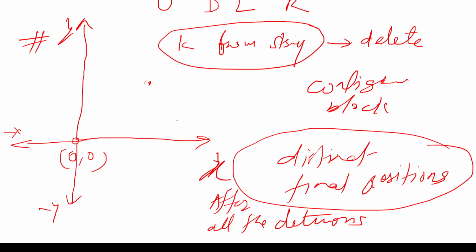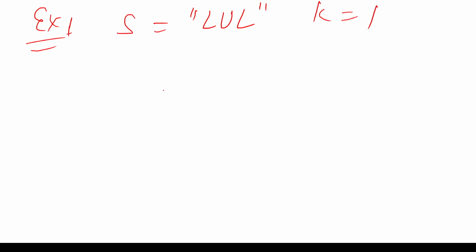Let's understand the example. The very first example given is string s, which contains L, U, L, and K is 1. This is what we have been given.